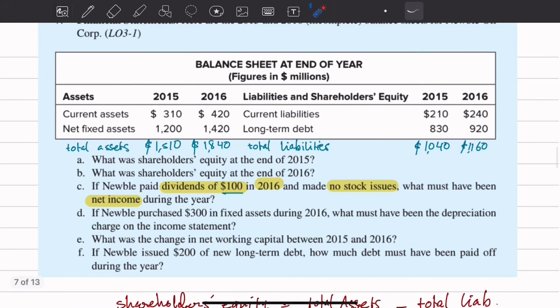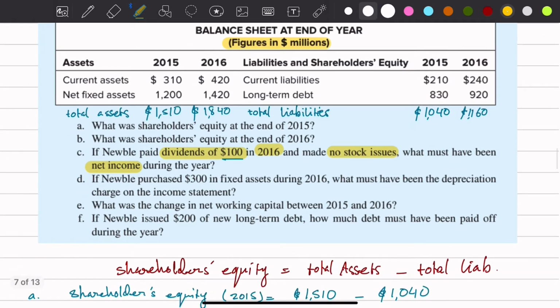They did say that at the top, but it would have been better if they clarified in the requirements itself that this is in millions, but it's definitely in millions. So we're just going to assume that if Newable purchased $300 million in fixed assets during 2016, what must have been the depreciation charge on the income statement?